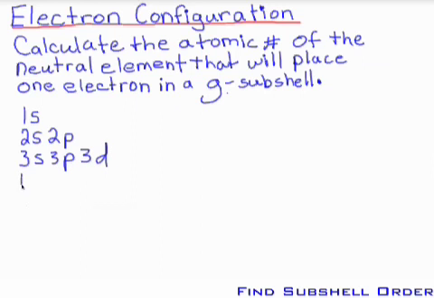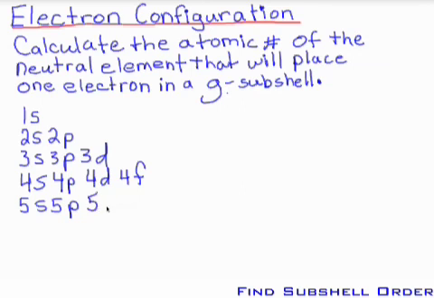The fourth shell can have the 4s, 4p, 4d, and 4f, or 4 subshells. The fifth, as you might guess, can have the 5s, 5p, 5d, and 5f. And after f, we start with the normal alphabet, G.